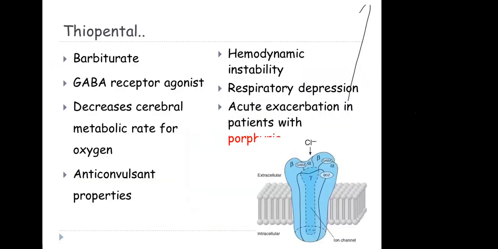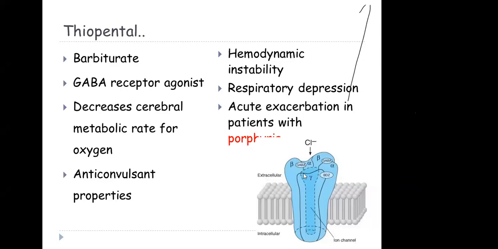So thiopental still works at the GABA receptor. It's a barbiturate. It works as an agonist. And what happens with it is that it increases the duration of opening of this receptor so that you have a prolonged action of your GABA neurotransmitter.